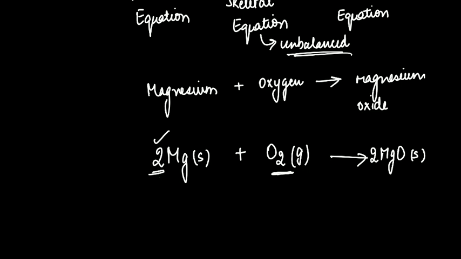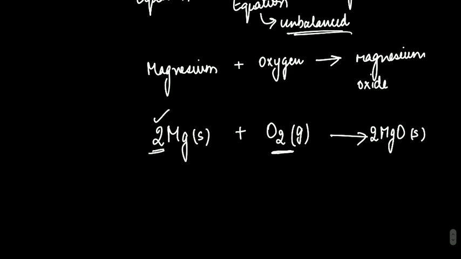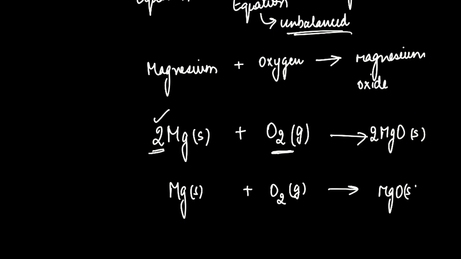This is a perfectly whole number balanced equation that we have written over here. But in the same equation, if we don't want to take 2 moles of magnesium or 2 atoms of magnesium, but we have 2 oxygen atoms on the left hand side, and on the right hand side we have only 1 oxygen atom, how to balance this?